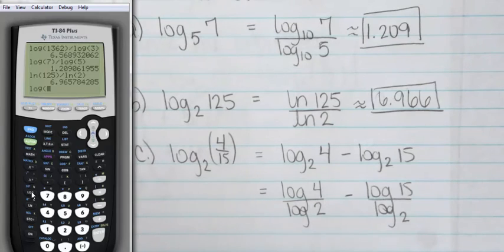So let's see, we got log of 4 divided by log of 2. We'll get an answer for that. And then from that, I'm going to subtract log of 15 divided by log of 2.